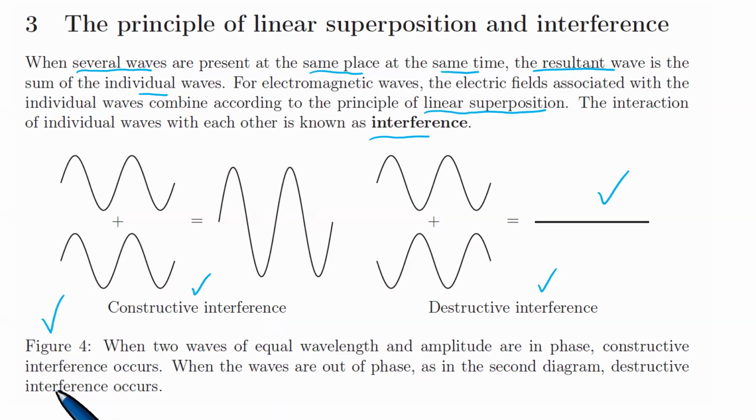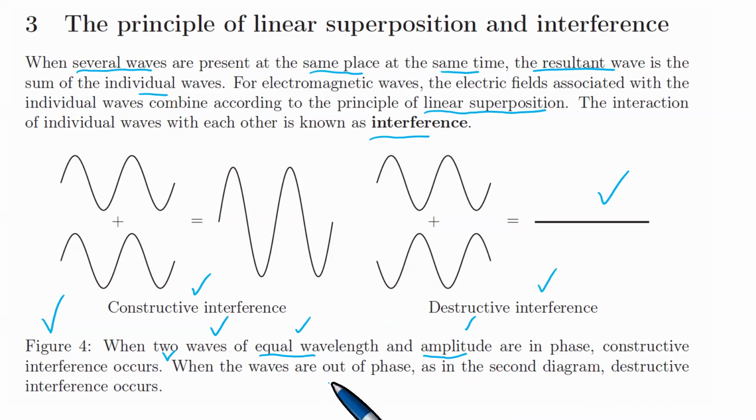If you look at figure 4, when two waves of equal wavelength and amplitude are in phase, constructive interference occurs.